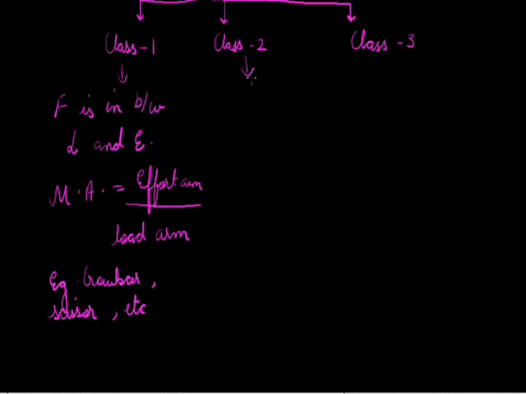In class 2 lever, the fulcrum is at one end, effort is on another end, while load is in the middle. So, L, that is load, is in between F, that is fulcrum, and E, that is effort.